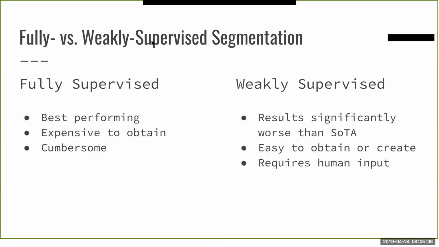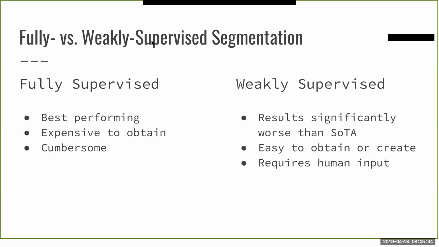But weakly supervised methods are generally things where you basically take an object segmentation or a bounding box, or some other sort of object, and then try to go from that less exact label to the semantic segmentation.